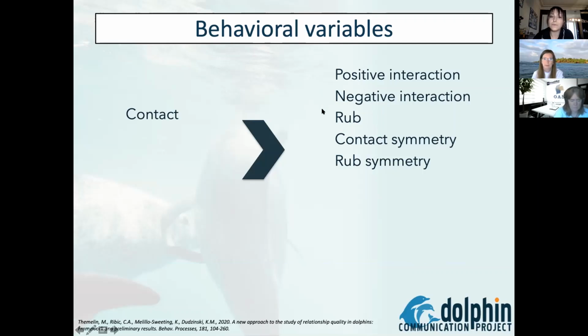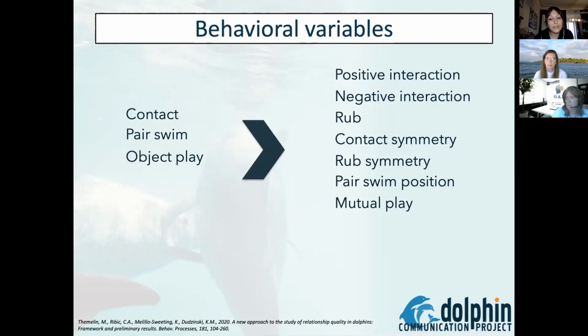Then we also created a rub variable because rubs are very important in the social life of dolphins. And we also had symmetrical variables to measure the symmetry, to see if A was initiating as much behavior with B as B with A. And then with pair swimming, we just look at the number of pair swims involving the 2 partners.